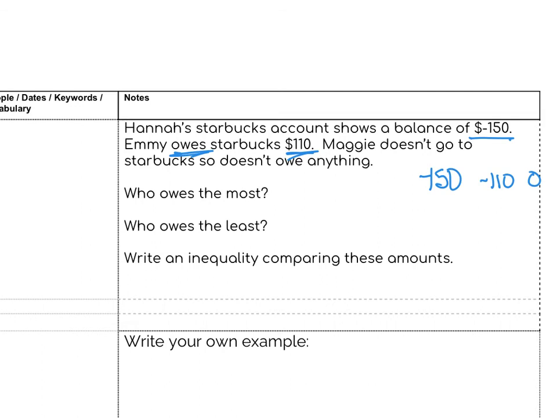So negative 150 is less than negative 110, which is less than 0. So Hannah owes the most, which again is funny because Emily works at a coffee shop and loves coffee. She should owe the most. Maybe she owes less because she gets it for free. Maggie doesn't drink anything, so 0 is the least amount that is owed. And then here's our inequality.